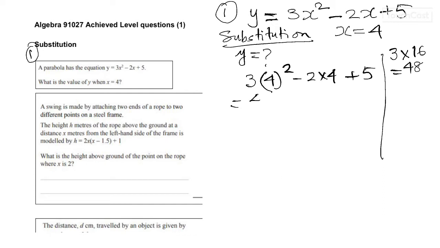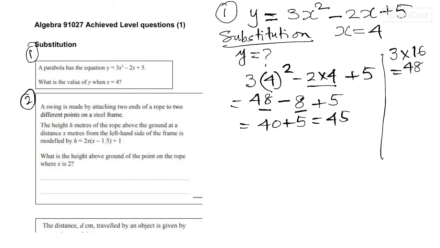So this is 48 minus 4 times 2, which is 8, plus 5. 48 minus 8 is 40, plus 5. I don't think you will end up with this sort of easy problem. At least the value of x will be given as a negative value to make it more challenging.